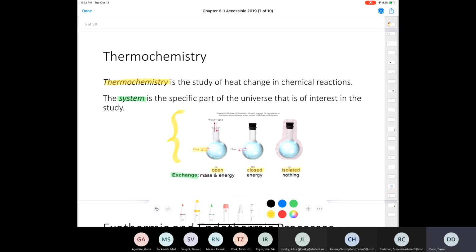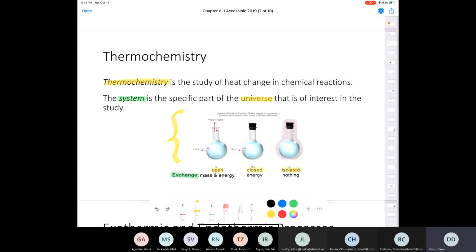Maybe it's releasing heat or maybe it's absorbing heat, but either way, an open system can exchange both mass and energy with the universe. A closed system has a stopper in the top, and so the system is unable to exchange mass with the universe, but it can exchange energy, right?